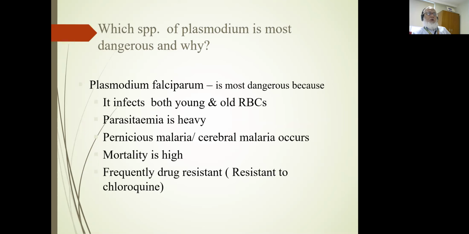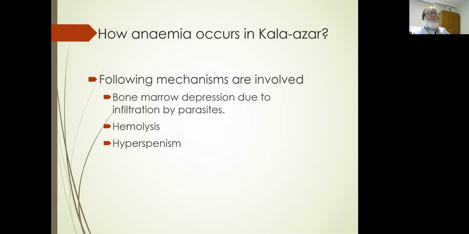Plasmodium falciparum is most dangerous because of 5 reasons. It infects both young and old RBC. Parasitemia is heavy. There is pernicious, that is abnormal, manifestation. Cerebral malaria occurs, mortality is high, and frequently drug resistance, resistant to chloroquine and other antimalarial drugs.